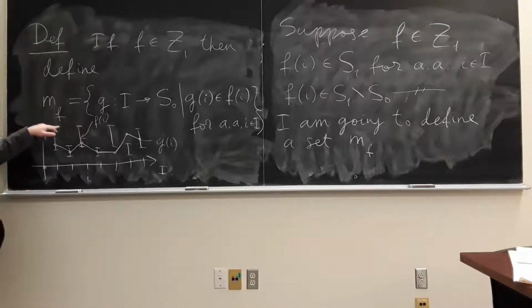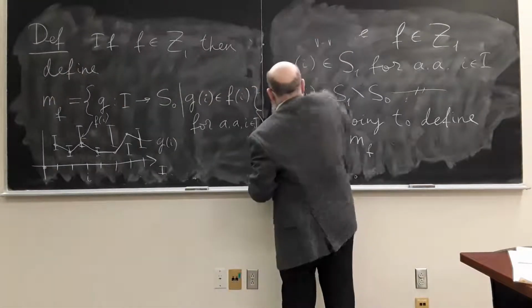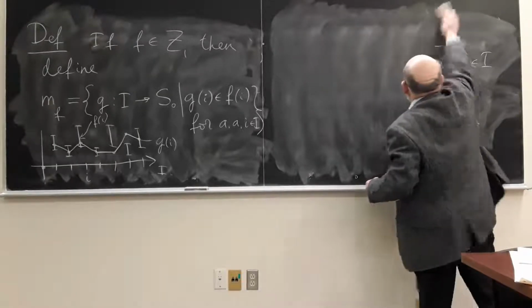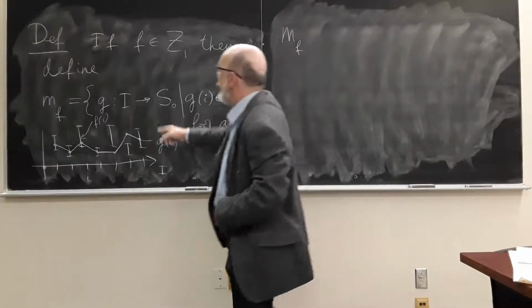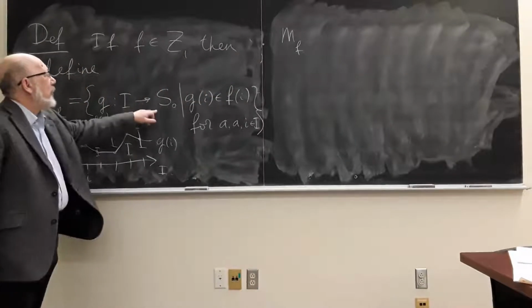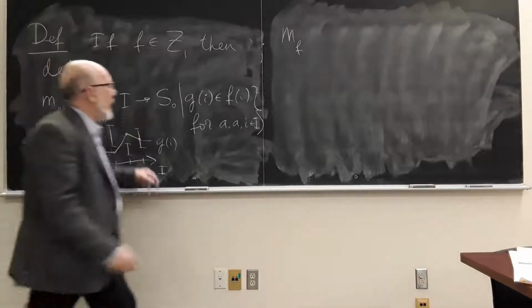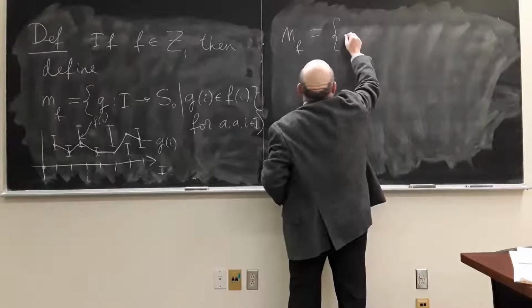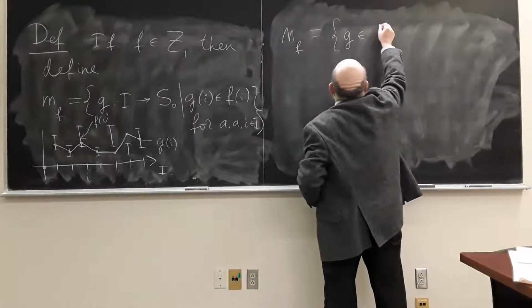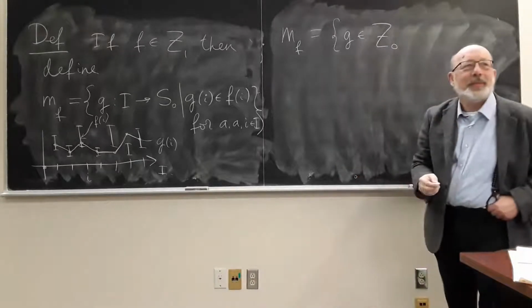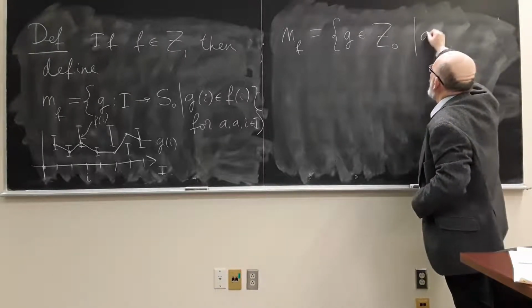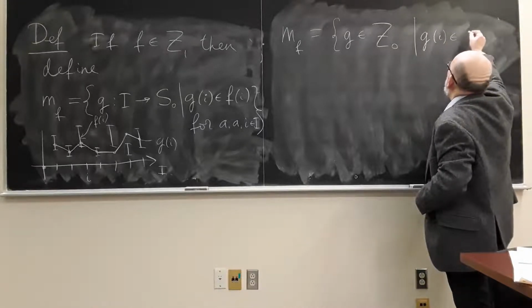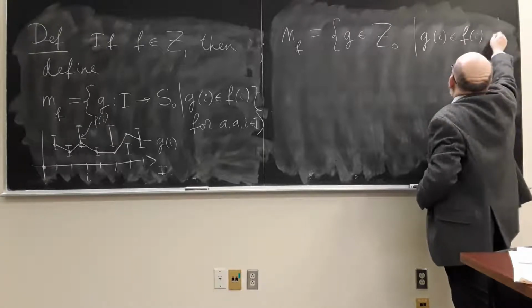So M_f is a set. What is M_f? It is written here: a set of functions g from I to S1, g in Z0, such that g of i belongs to f of i almost everywhere.